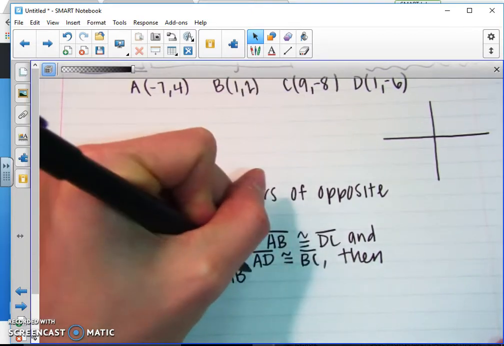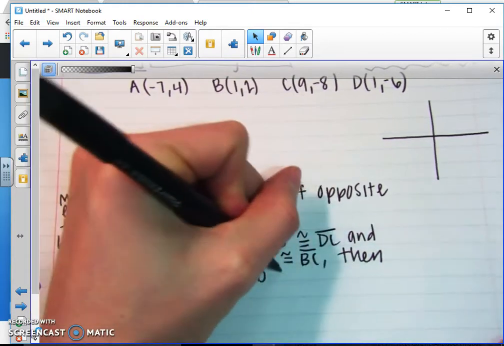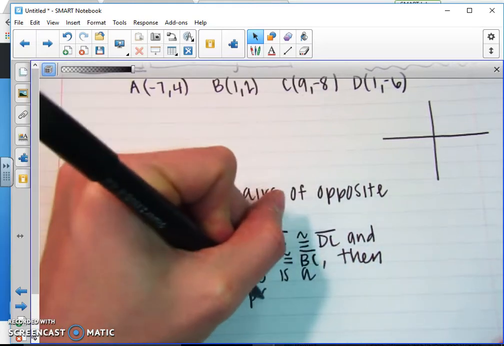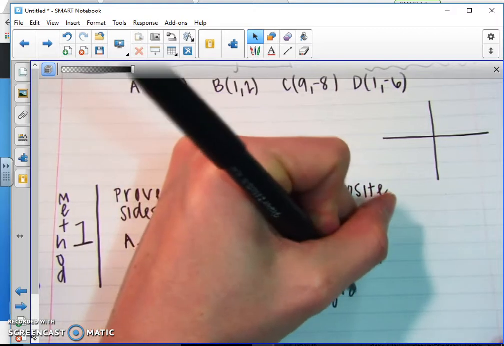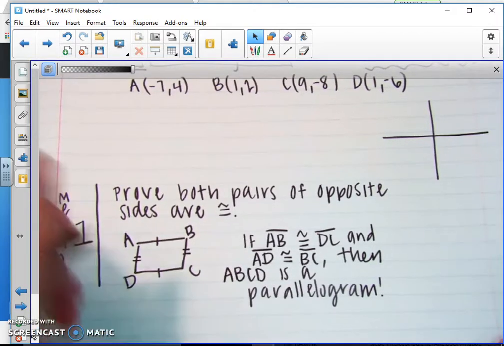And we just write it as ABCD is a parallelogram. Okay, so that's the first method.